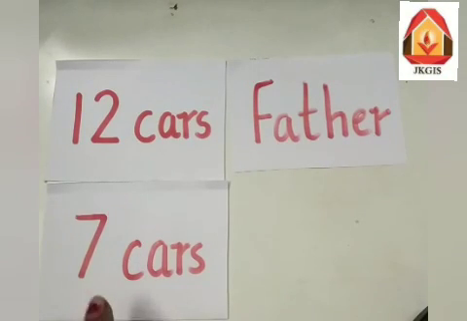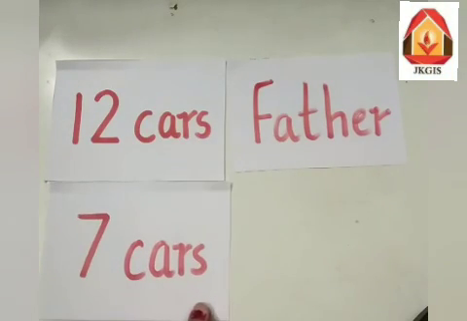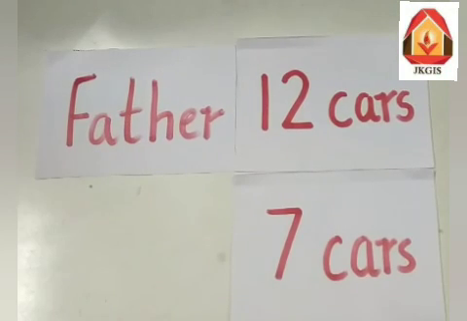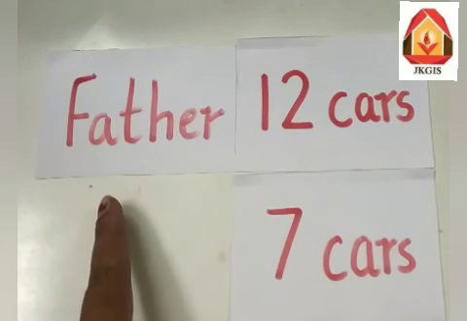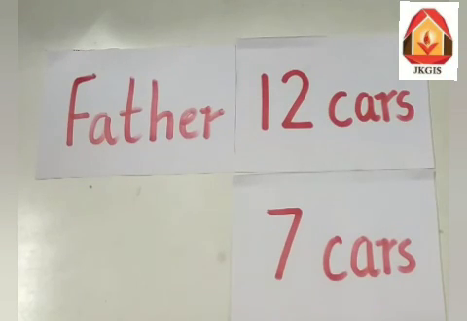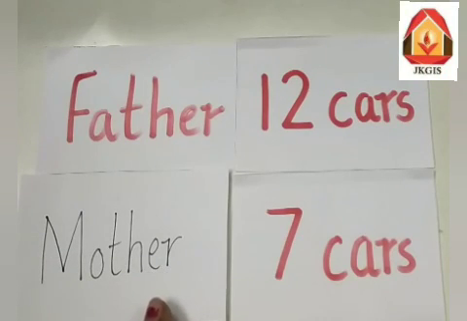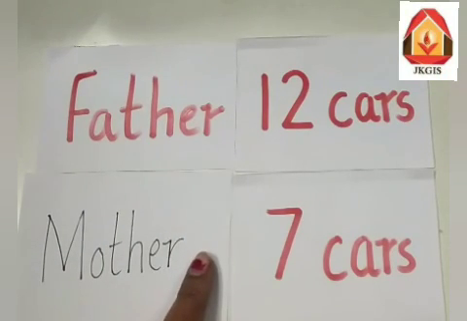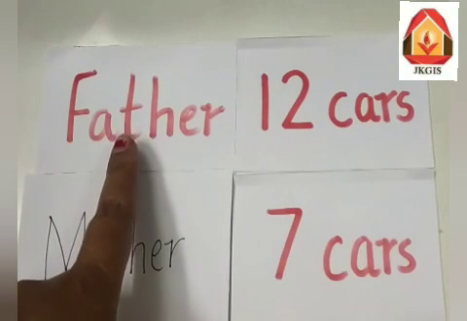Let us do the third one. Here, friends, what is left with us? 12 cars, 7 cars, and father. Let us try to make sentences. Father. What is the opposite gender for father? Yes, it is mother. So, we will keep mother here, and now let us frame sentences. My father.